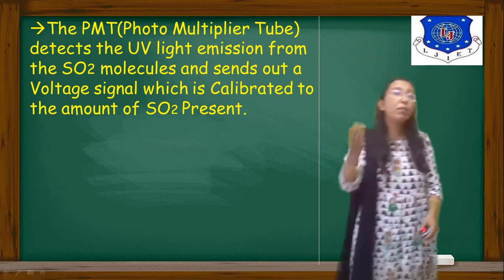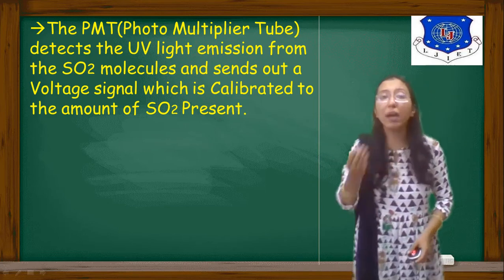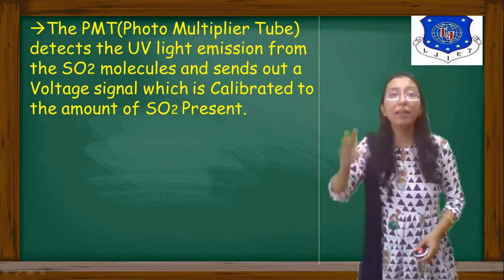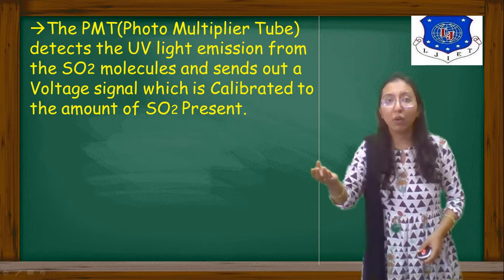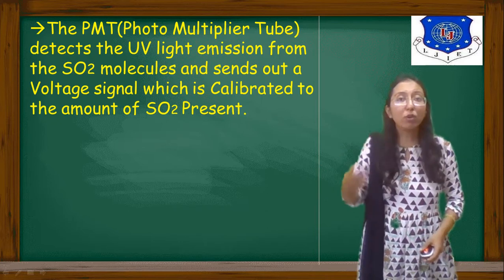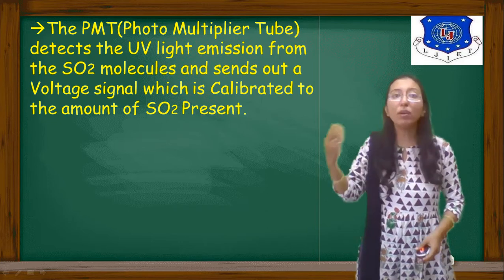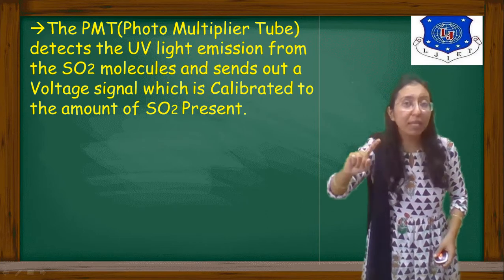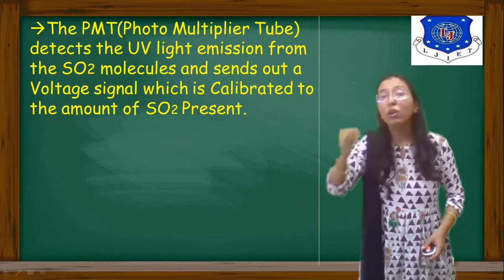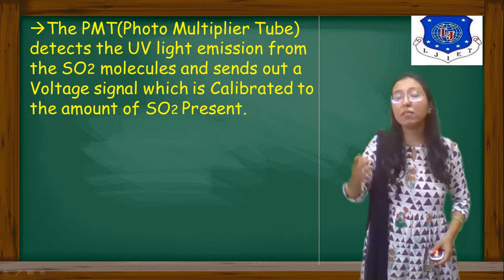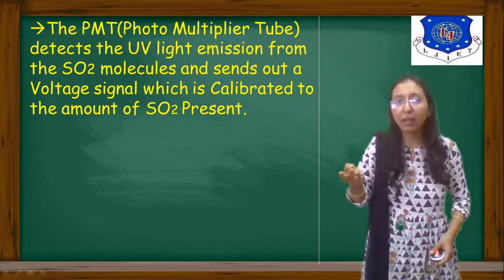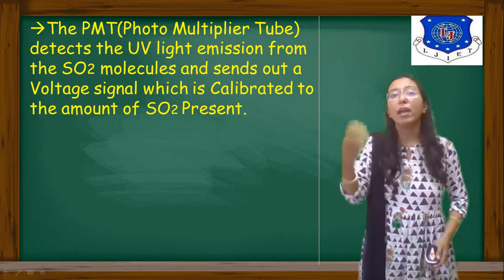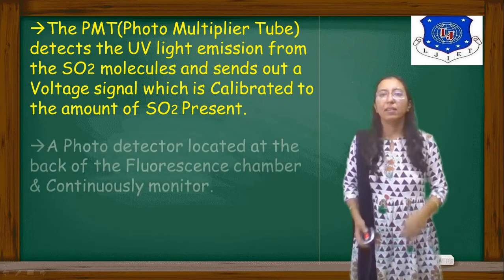Here we are using a photomultiplier tube, and the PMT detects UV light emissions from SO2 molecules and sends out a voltage signal to the electronics analyzer. Then we can calibrate how much SO2 is present.